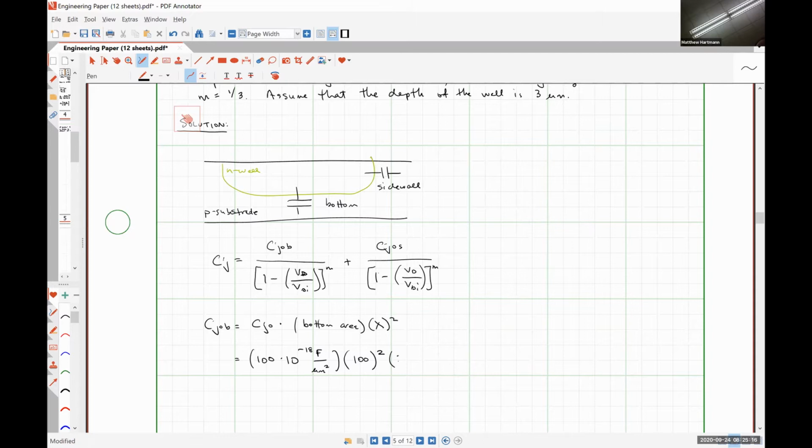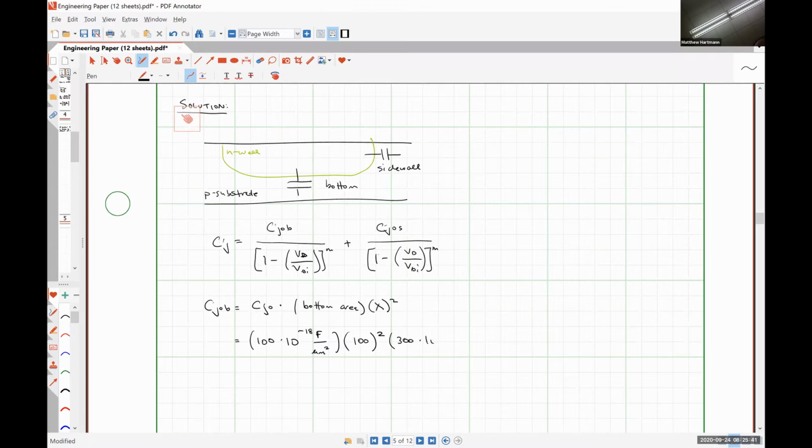And then we also have our lambda, which is 300 nanometers, or 0.3 microns.